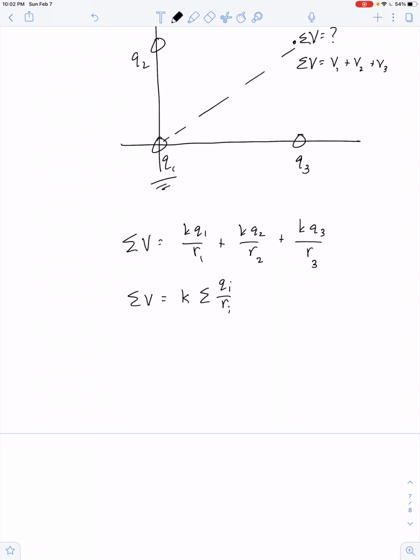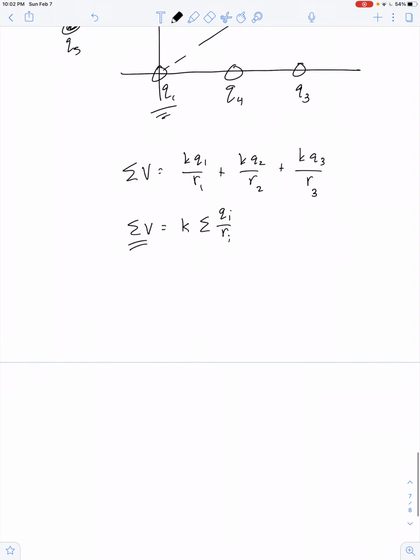Why stop with 3 charges? Why not make there a 4th charge? And they don't even have to sit on the xy axes. I can have some 5th charge, Q5 over here. As long as I know every distance between each charge and the point in question, it's very easy for me to find an overall value of electric potential.